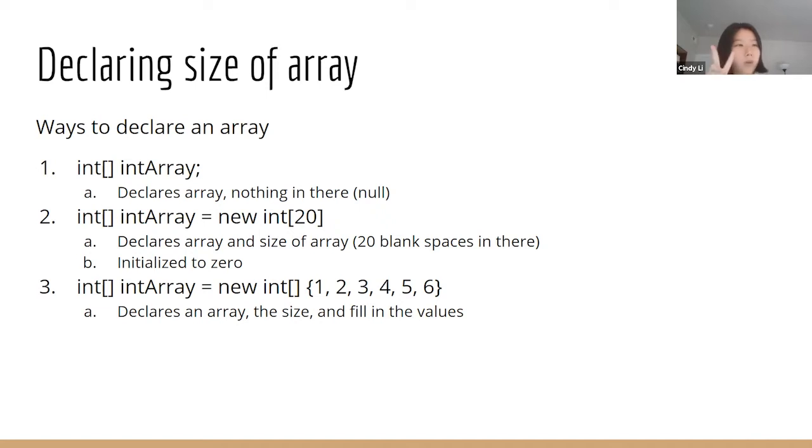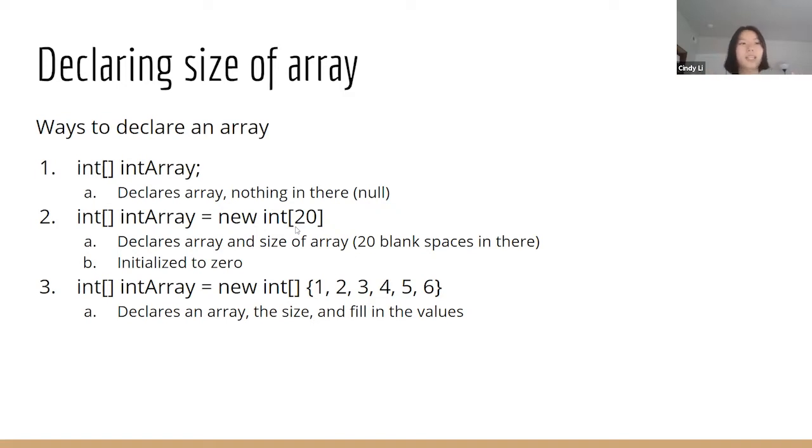Okay, now we move on to the second way to declare an array, and that is int array equals new int 20. So now this declares an array and the size of the array. The 20 means that there will be 20 slots.